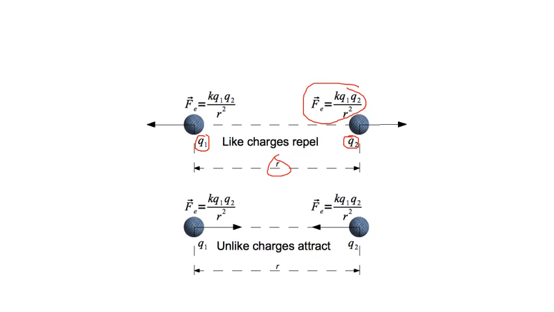Now if the charges are alike, then they will repel each other, going in opposite directions. However, when charges are opposite, unlike, then they will attract. The force magnitude is the same.